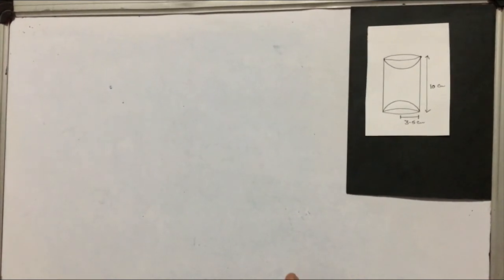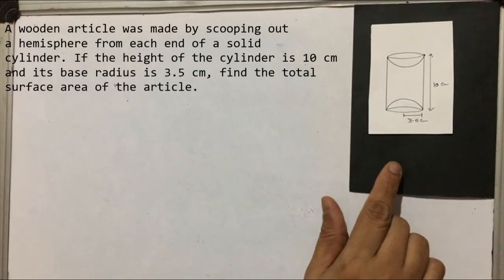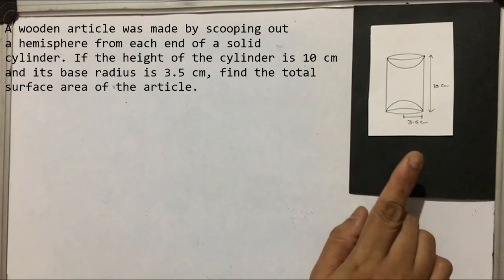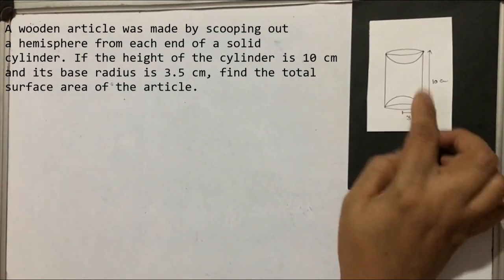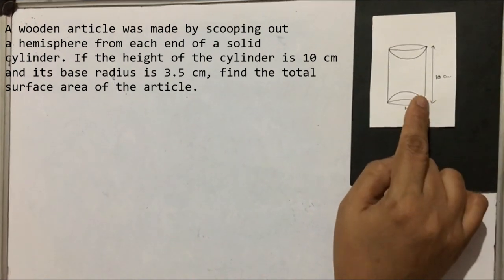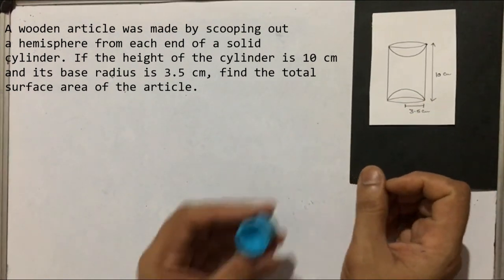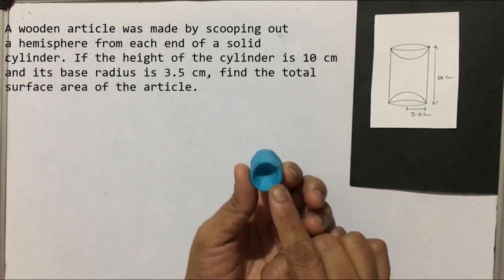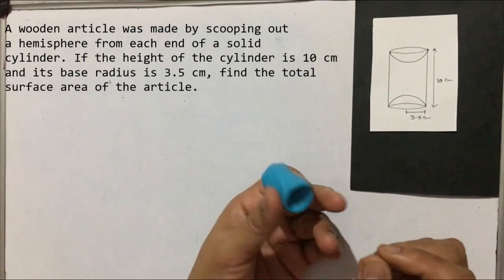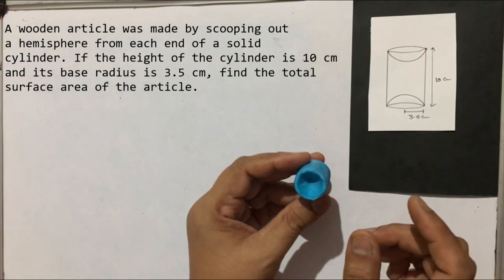In the same manner, a wooden article is made by scooping out a hemisphere from each end of a solid cylinder. Here from both ends a hemispherical depression is taken out. It means it comes in this manner, from both ends of the cylinder. Here one hemisphere is taken out, here also one hemisphere is taken out.